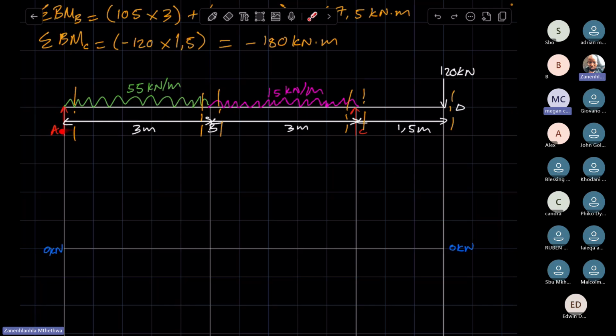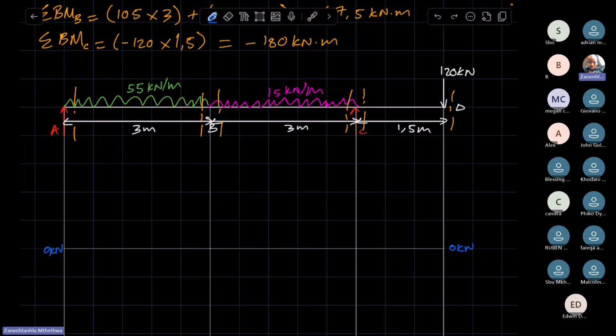For shear force calculations or for the shear force diagram, you only consider forces on the left of each of the sections. So considering the first section, we look at the sum of forces on the left of this section.